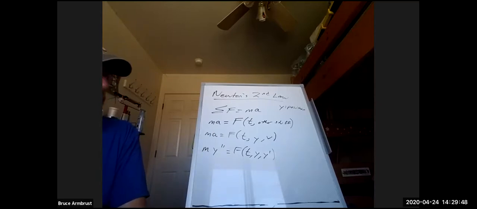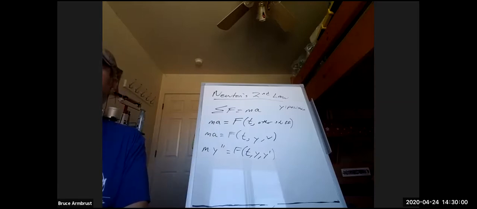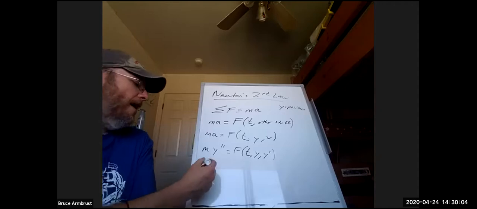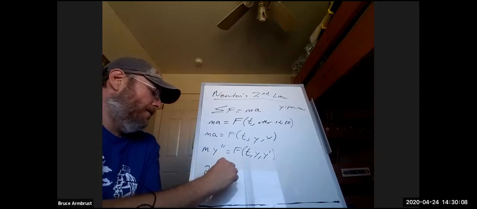So Newton's second law pretty much shows you where the differential equation is coming from, and the fact that acceleration is a derivative, a second derivative of position. So Newton's second law leads naturally to second order differential equations.